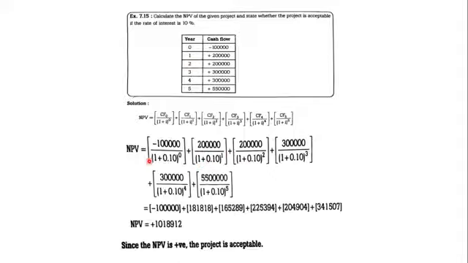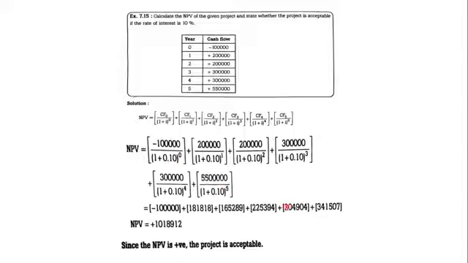As they have given 5 years of data, we have to calculate the NPV for 5 years. The last one is the 5-year cash flow of 5,50,000 divided by 1 plus 0.10 raised to 5.